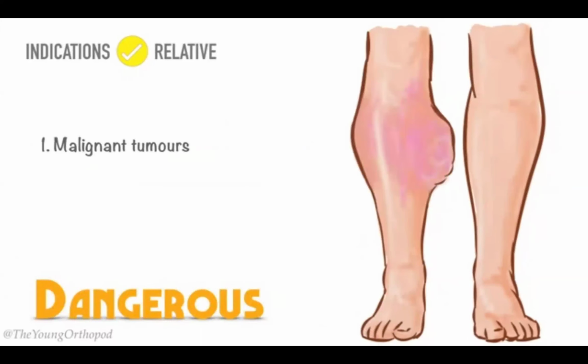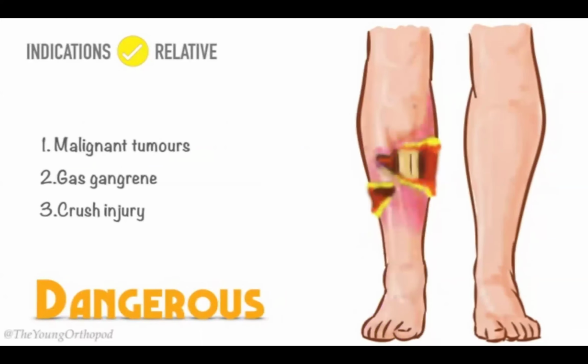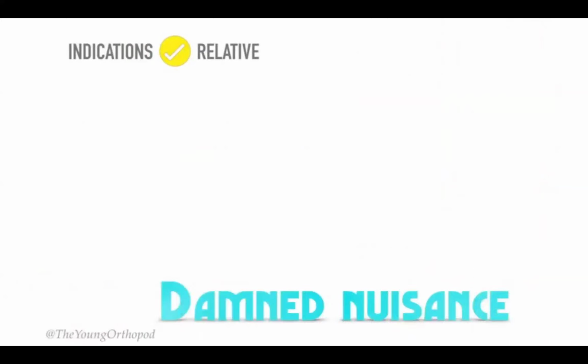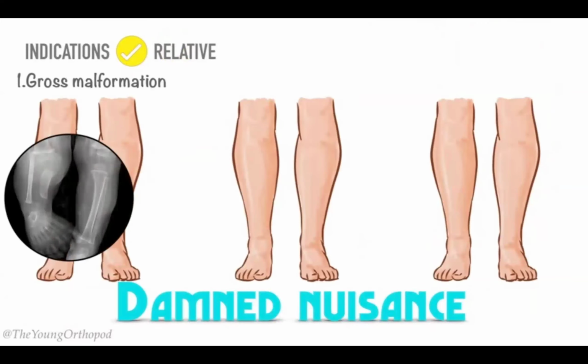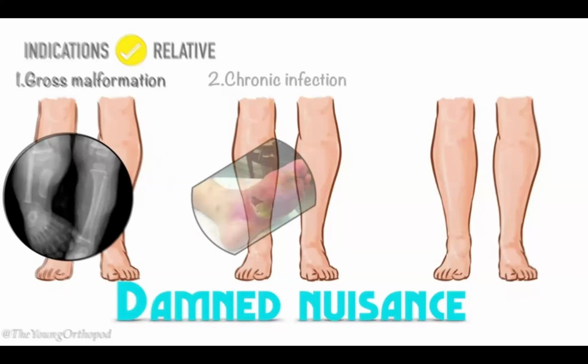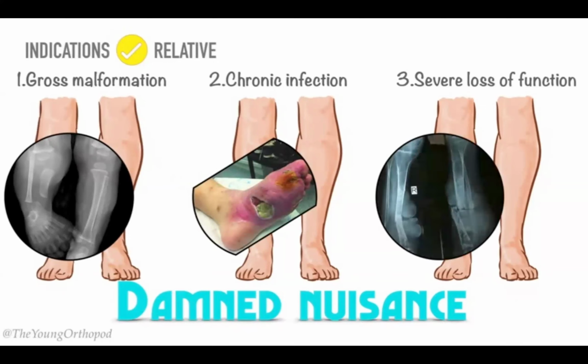Coming to dead loss indications, which include malignant tumors, gas gangrene, crush injury, and damage, that is, retaining the limb would be worse than no limb at all. This includes gross malformations due to congenital anomaly, chronic infections in which the infection does not respond to antibiotics and wound debridement, and severe loss of function in case of recurrent pathological fractures where stabilization is impossible.